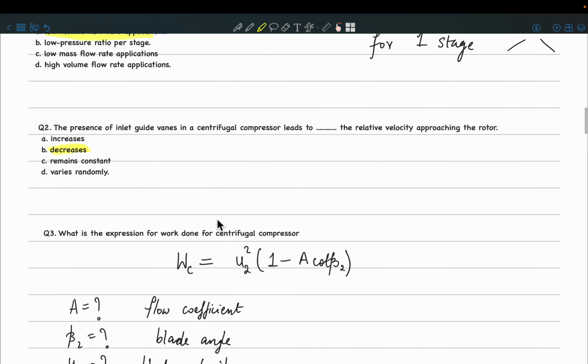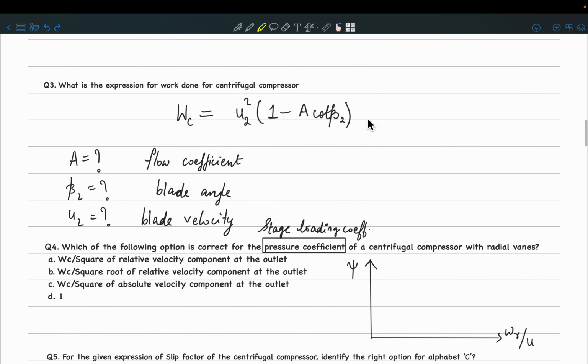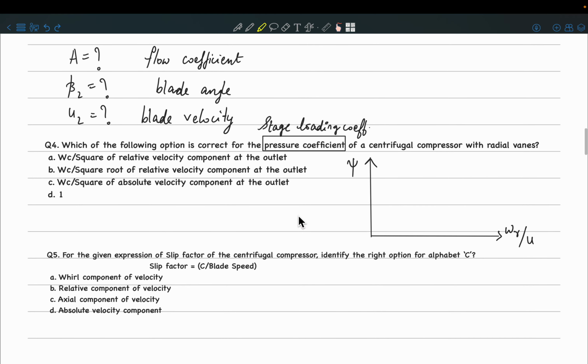Remember, if you go back to this diagram, this diagram has impeller blades which are radial along the radius, right? They are not bending like this or like this, right? So this is called radial vanes. So what happens to the pressure coefficient here? Yeah, it is equal to 1, right? So the answer here is 1.